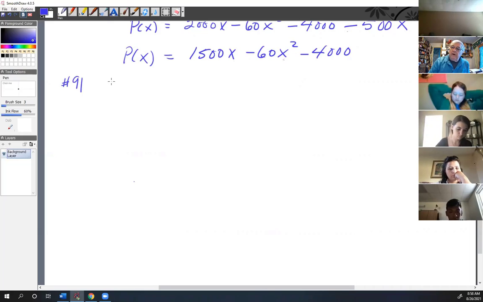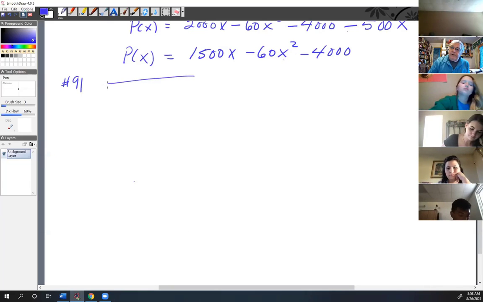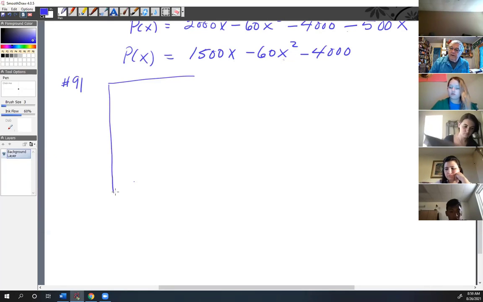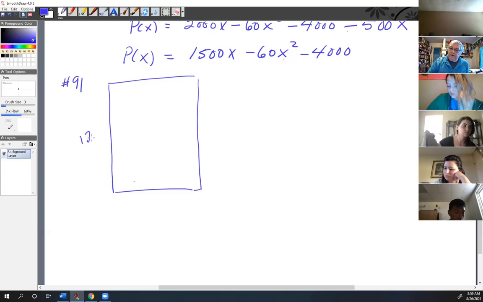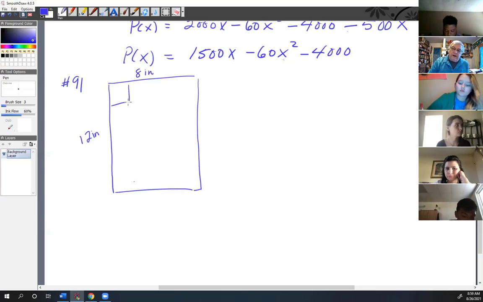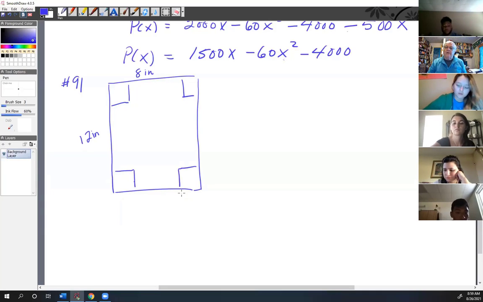In problem 91, we've got a piece of cardboard, they say. And on one side, it's 12 inches. And on the other side, it's 8 inches. So it's an 8 by 12 piece of cardboard. Now, if I will cut corners out, cut squares, now those are all the same size square, although they may not look like it because I'm not a very good drawer.